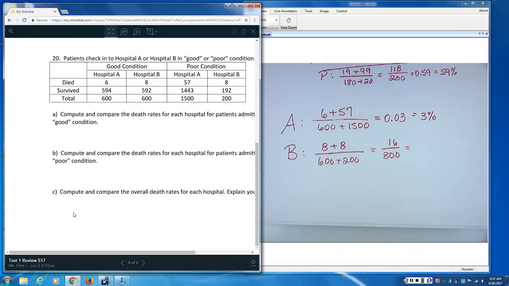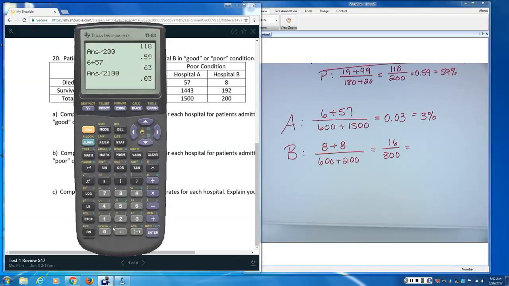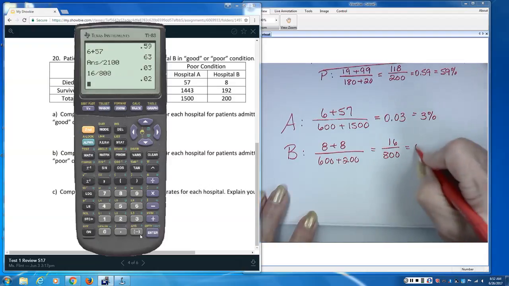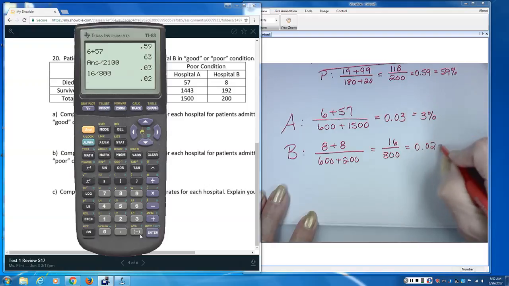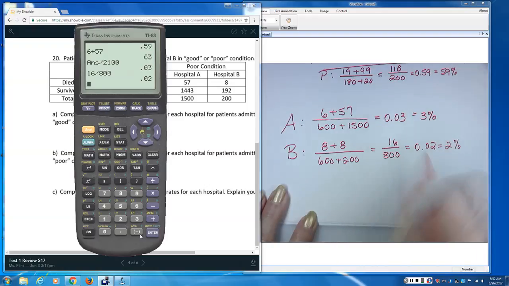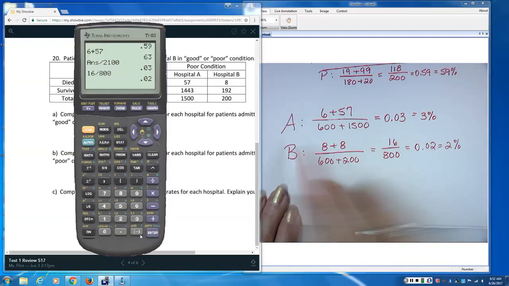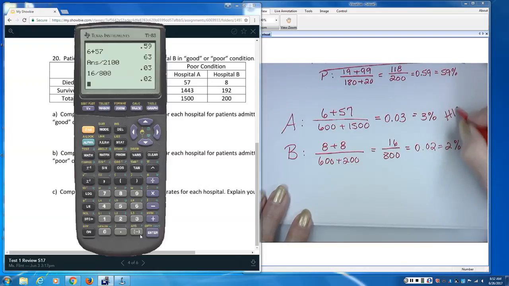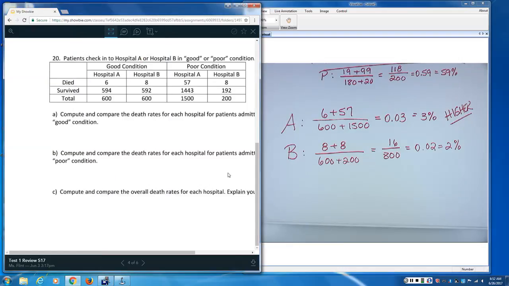And 16 out of 800 is only 2%. So Hospital A had the higher death rate, even though if you looked at the patients in separate groups, Hospital B had the higher rate in both cases.